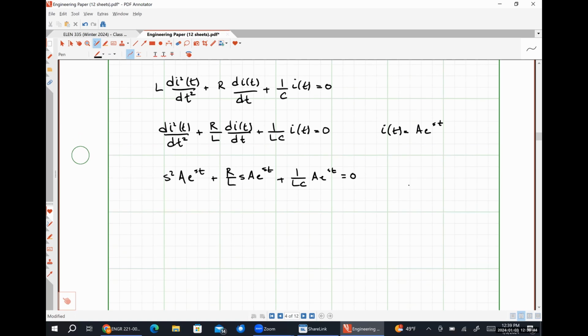And now I'm going to factor things out. So there's a common factor of A. Here's s squared plus R over L times s plus 1 over LC, times e to the st, is equal to 0. And I now have my characteristic polynomial.